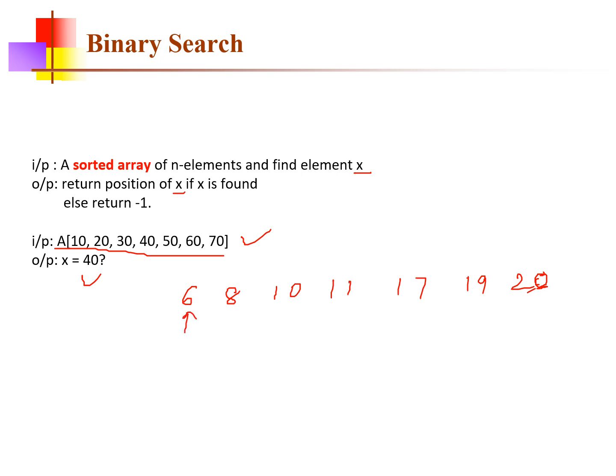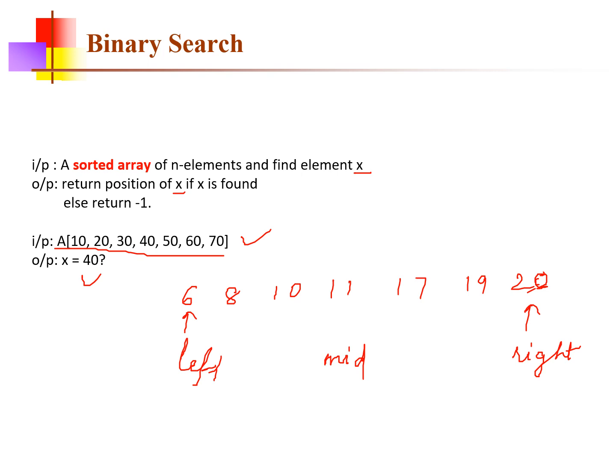First one is the left variable, second one is the right variable, and third one is the mid variable. So these three things we need to define: left, mid, and right.